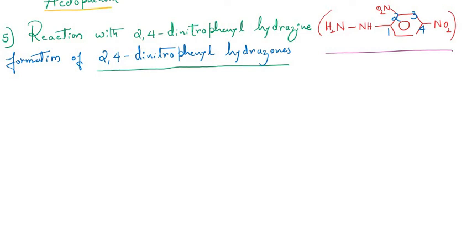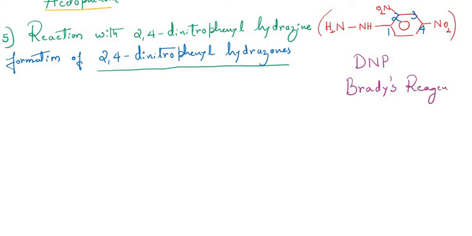2,4-dinitrophenyl hydrazine. Actually students, this 2,4-dinitrophenyl hydrazine is abbreviated in short form as DNP, dinitrophenyl hydrazine, and this DNP is also called Brady's reagent.